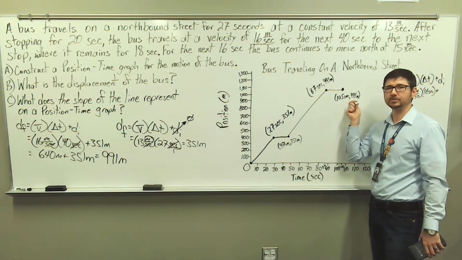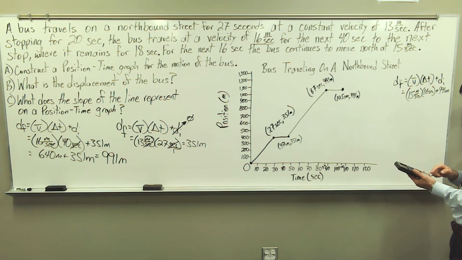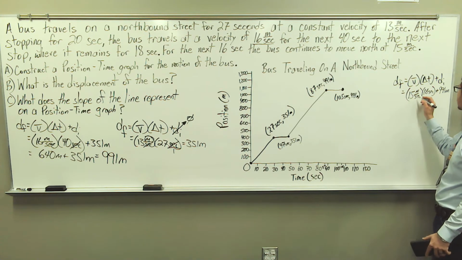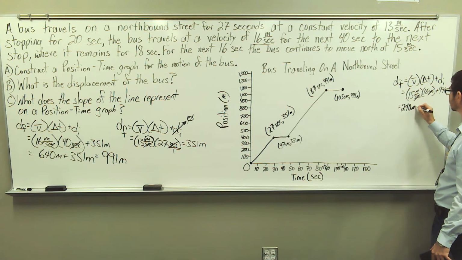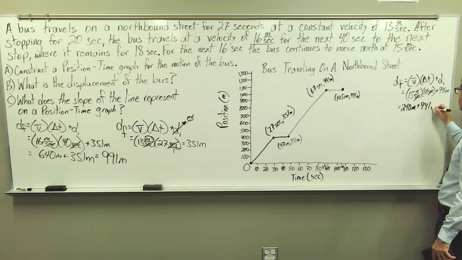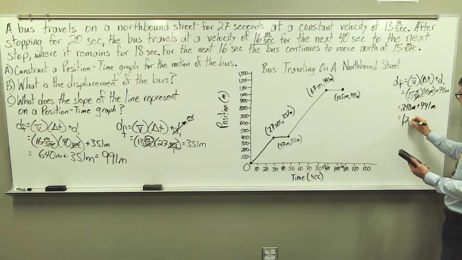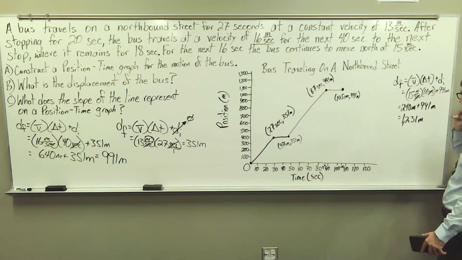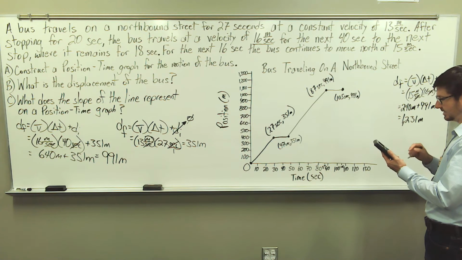So we're at 991 meters. All right, so 15 times 16, is that 240? Yep, 240. And units of seconds cancel. So 240 meters plus 991 meters gives me 1,231 meters.